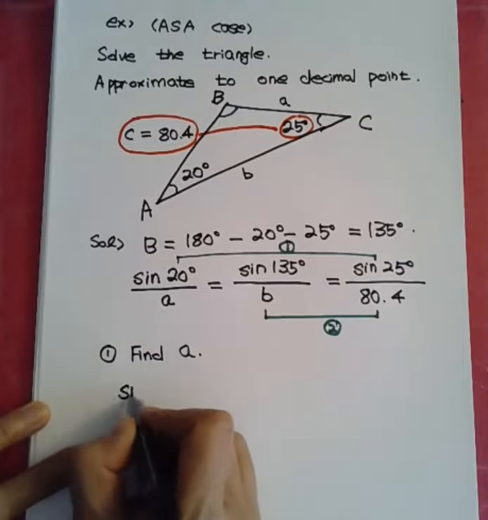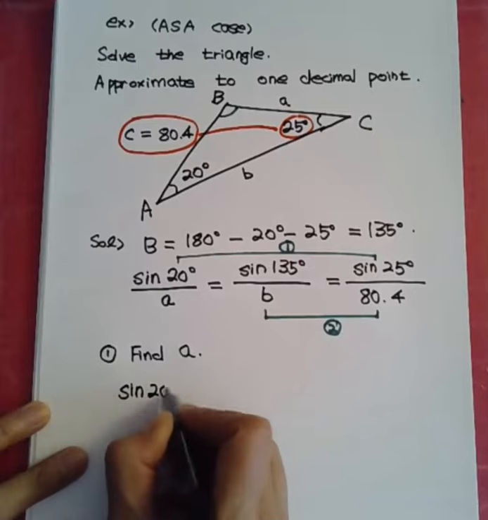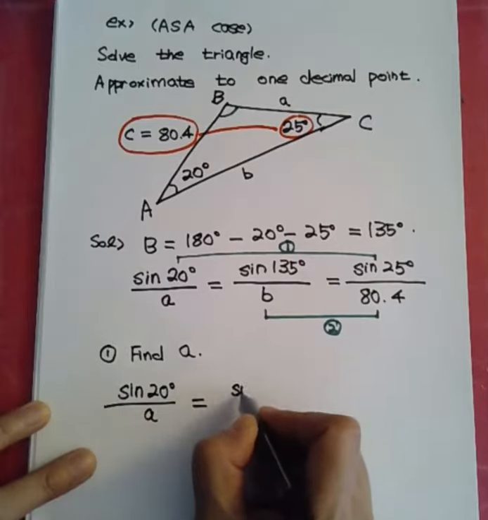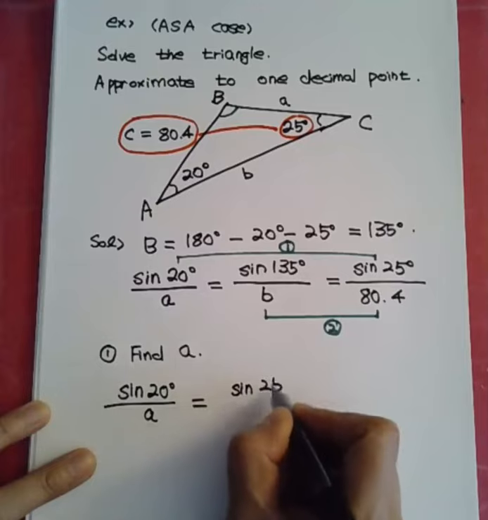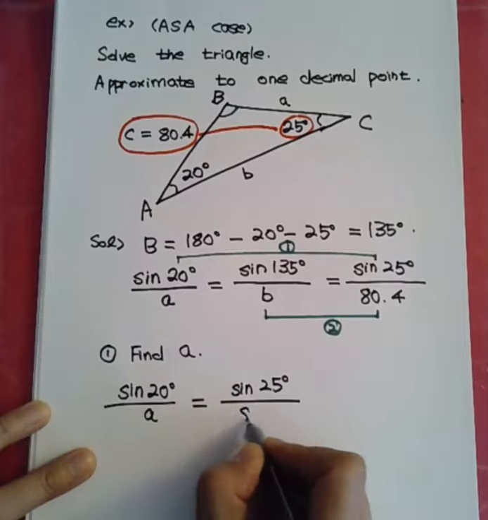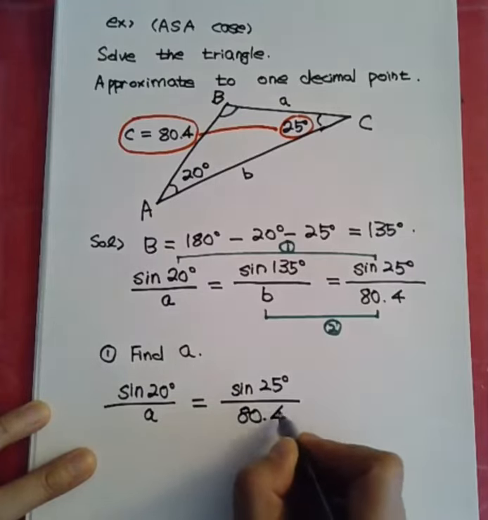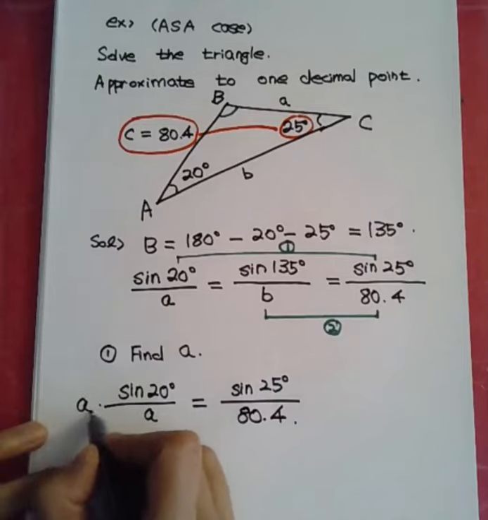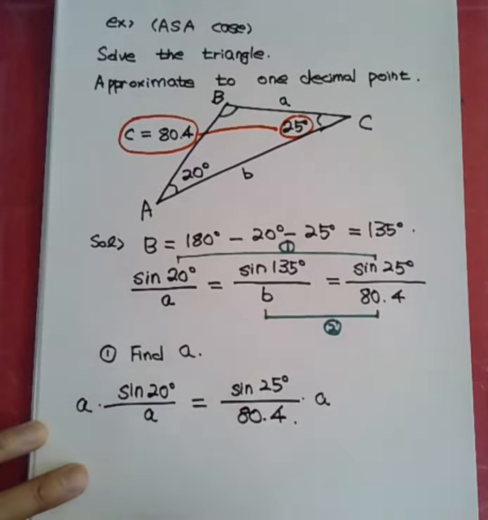Let's use sine of 20 degrees over A equals sine of 25 degrees over 80.4. We have to solve for A, so we multiply by A on both sides.